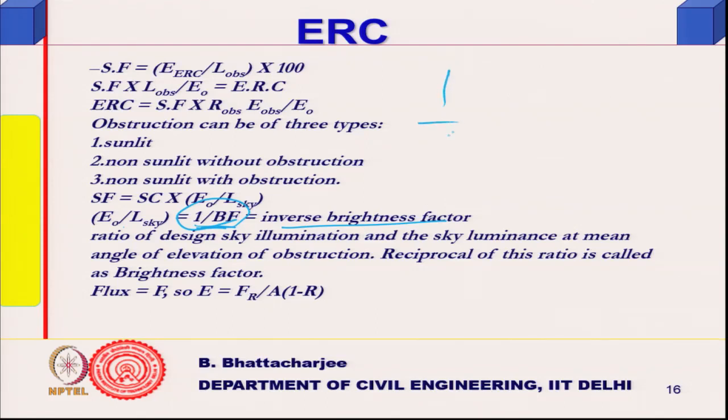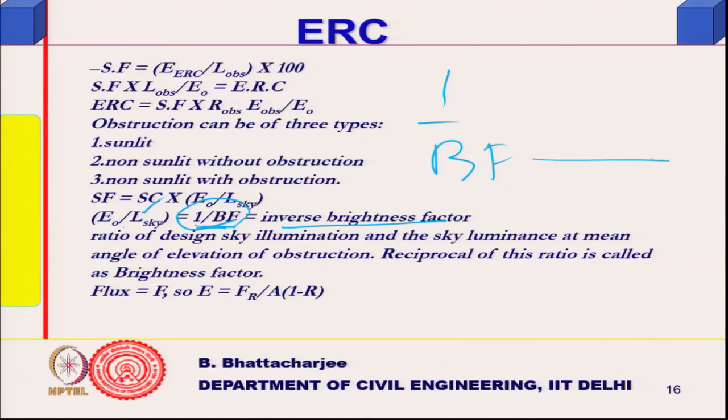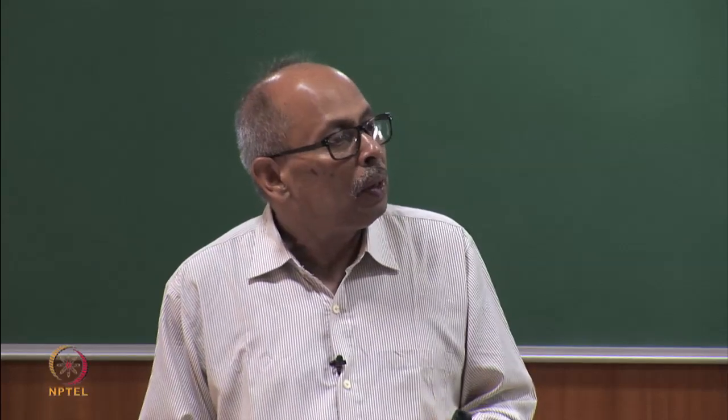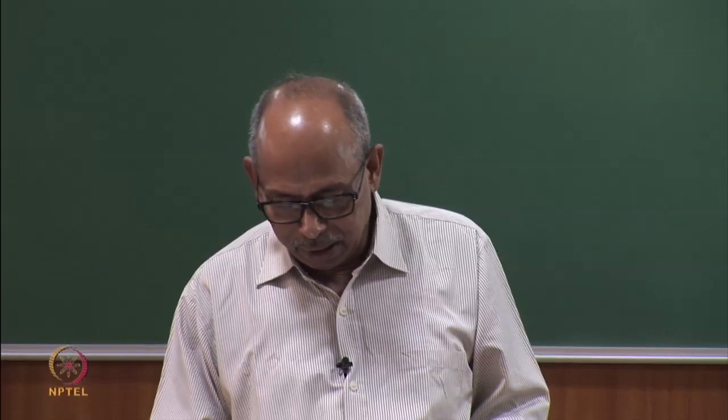Now, this 1 by BF value is tabulated for various angles of obstruction, because it involves L sky. So, this will change with the angle. The 1 by BF values are given in a table for various angles of elevation, or the average angle of elevation, of the obstruction, right.